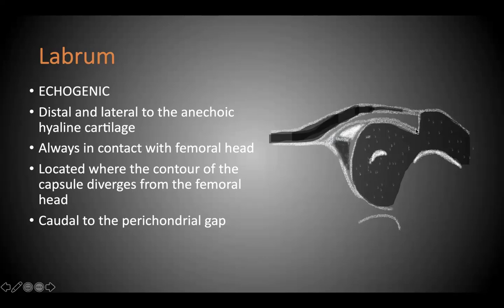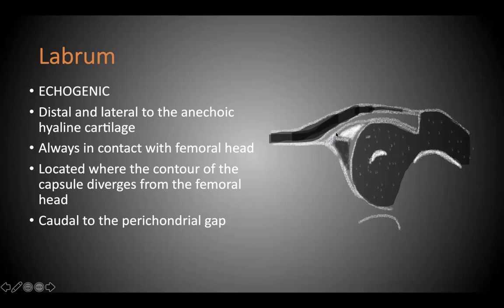Then the third way to identify the labrum is to trace the capsule of the hip joint, starting from the trochanter and proceeding proximally. You can see the point at which the capsule starts to diverge away from the head of the femur. That is the position where your labrum will be located. And the fourth way to identify the labrum is that it will be caudal to the perichondrial gap. The area where the capsule attaches to the lateral aspect of the acetabulum has a bright echo, and the capsule appears bright distally.